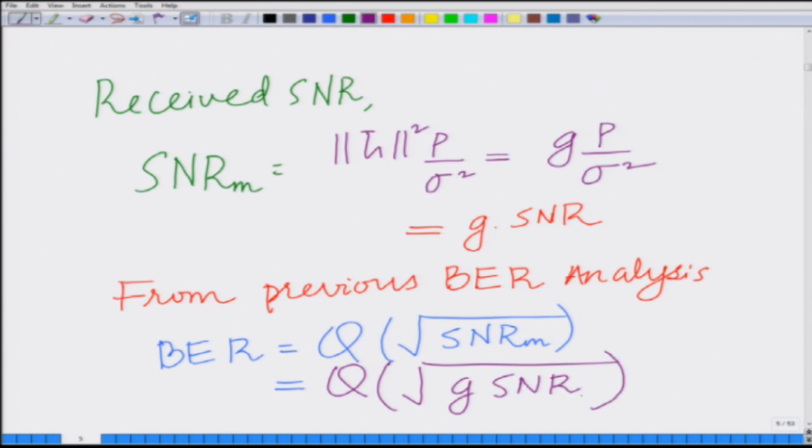So this is our bit error rate, which is Q of square root of G times SNR, the bit error rate of this multiple antenna system, that is this wireless communication system with multiple receive antennas.